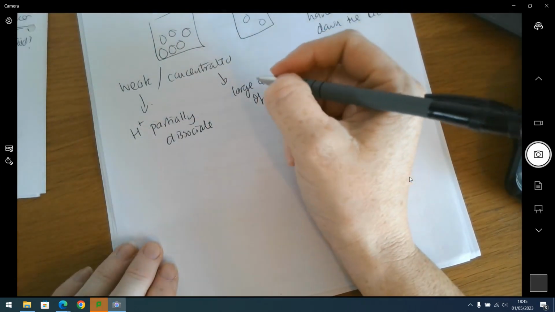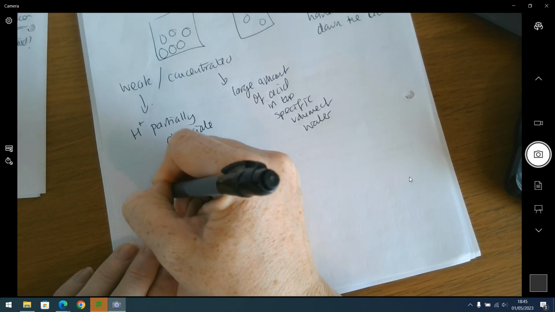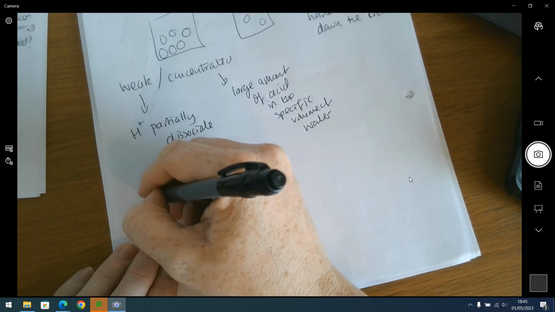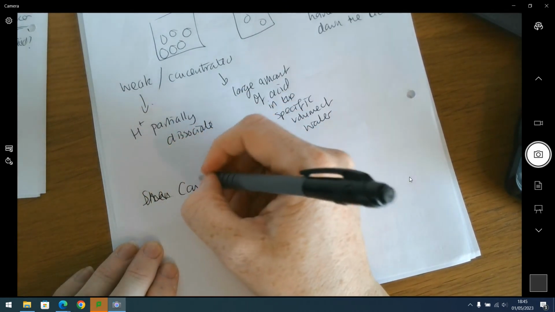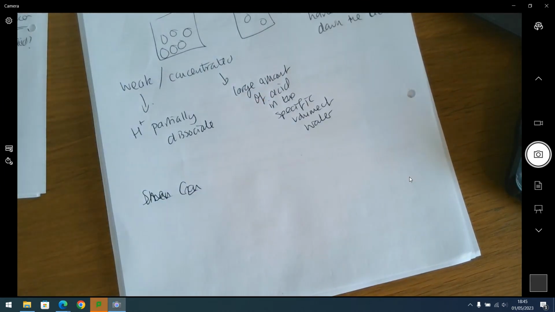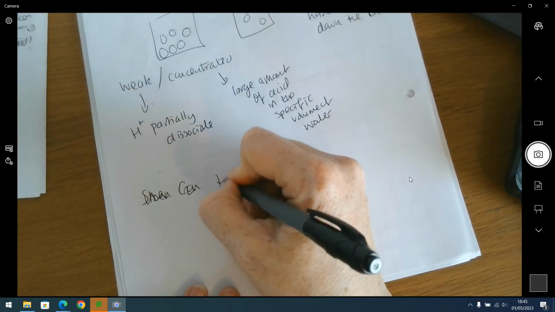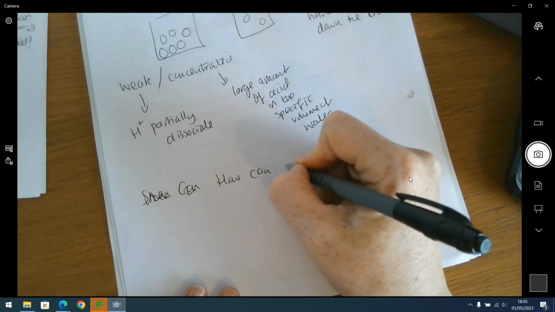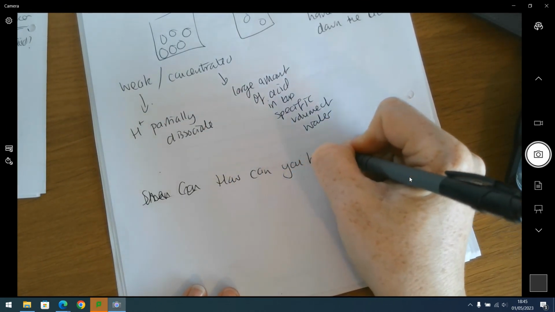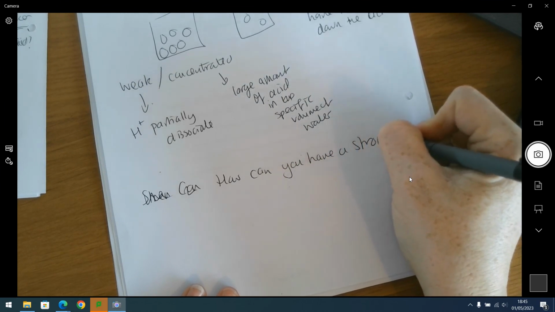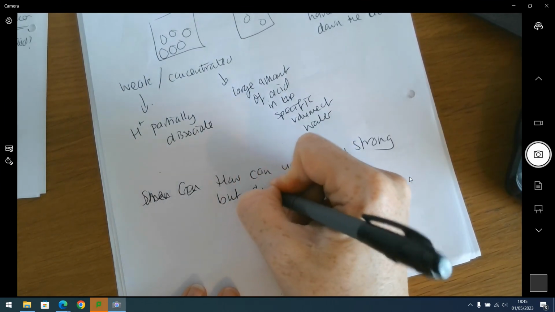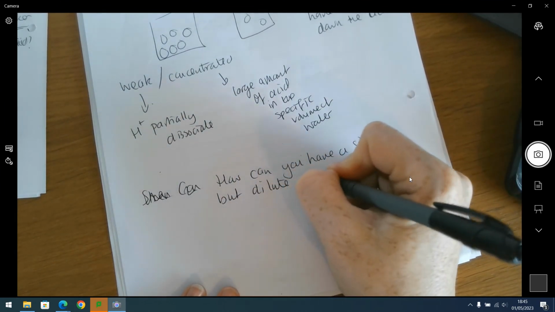So let's just make sure we understand this idea of concentrated. So if I was asked a question where I had to explain, so how can you have a strong but dilute acid?